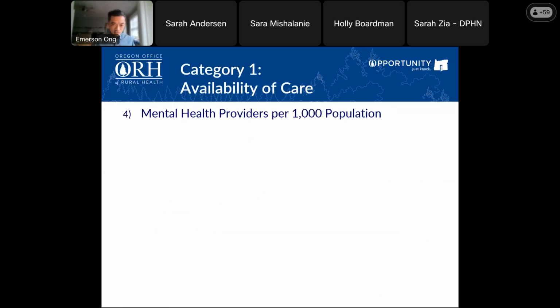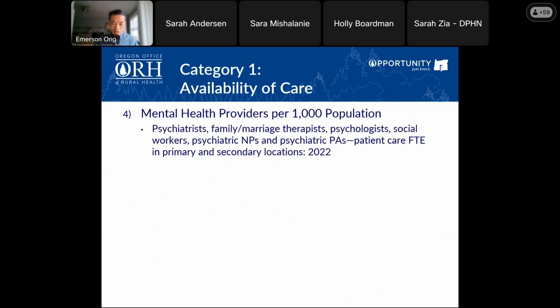Fourth variable, also under availability, is mental health providers per 1,000 population. We take all psychiatrists, family marriage therapists, psychologists, social workers, psychiatric NPs, and psychiatric PAs, get their patient care FTE in their primary and secondary locations, and divide that by the population times 1,000.